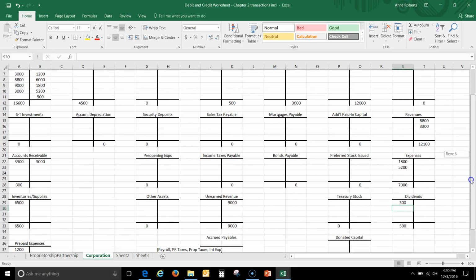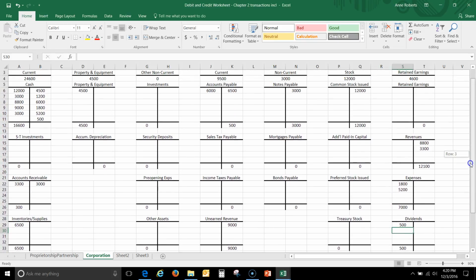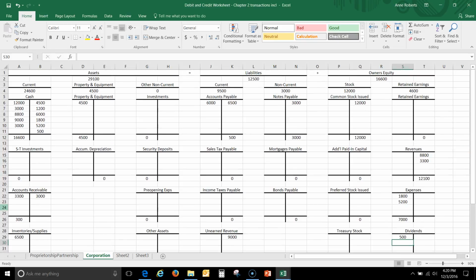Let's go down here to accounts receivable and supplies. This particular credit was posted to accounts receivable, and we should have a balance in accounts receivable of $300. If this credit gets posted accidentally down here to supplies, and not here, we still have a balance in assets of $29,100.